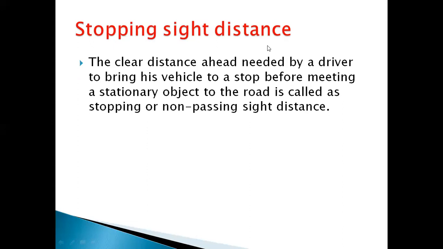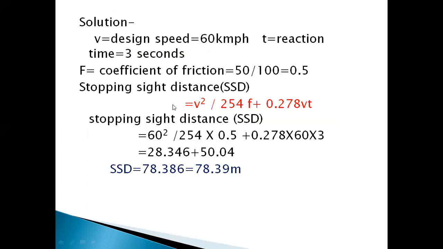Stopping sight distance is the sight distance required to stop a vehicle. We had discussed one problem of this. The formula to calculate stopping sight distance is v squared divided by 254 f, plus 0.278 v t.